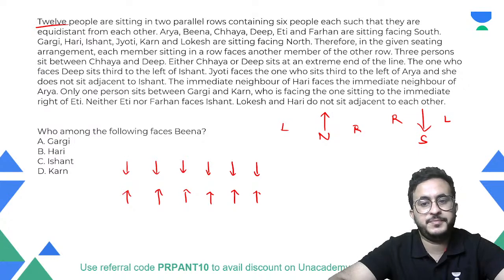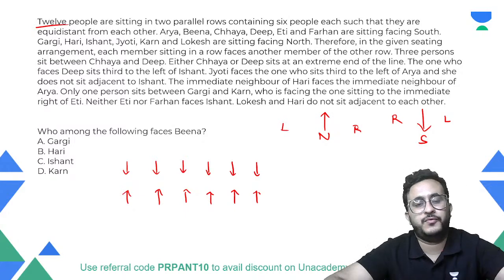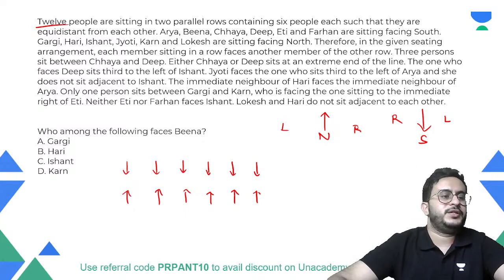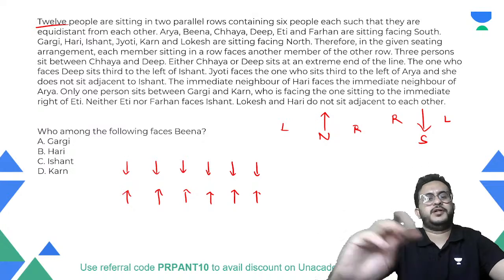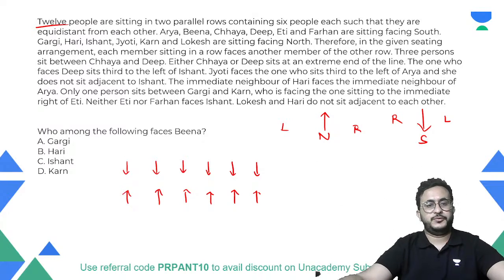So these are 12 people sitting in two different rows. One thing you should know before even solving a puzzle, especially during examination, is the difficulty level, right? So definitely it is more difficult than the previous question.